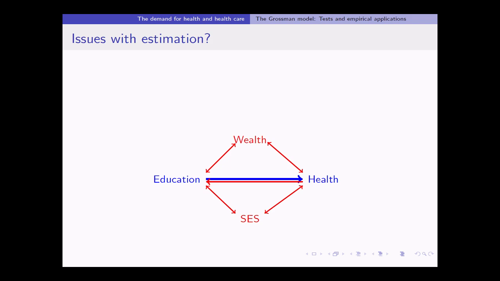And again, socioeconomic status or socioeconomic position can affect both education and health, and in both directions. They can also affect each other. So as I said, they're very strongly correlated. So socioeconomic status and wealth affect each other. So you've got this whole system of equations with arrows going in all sorts of directions. So simply looking at the effect of education on health is not straightforward.